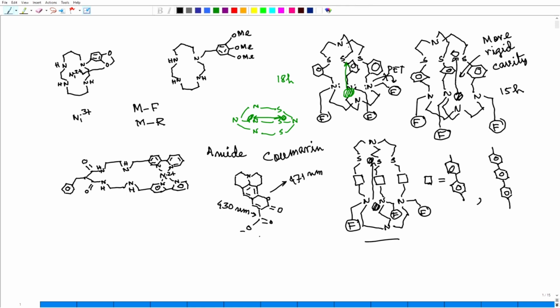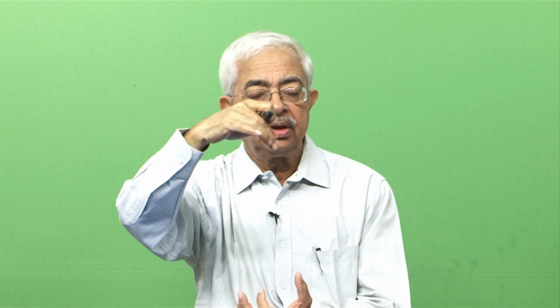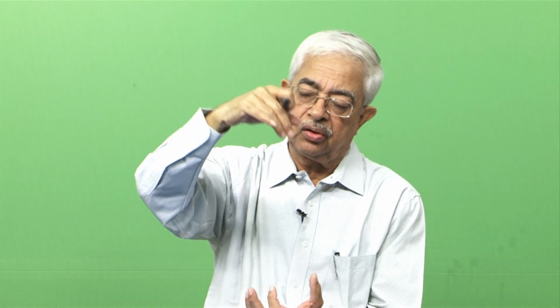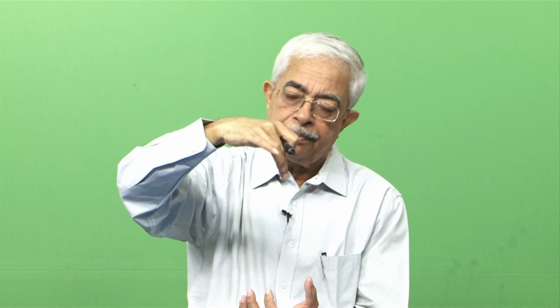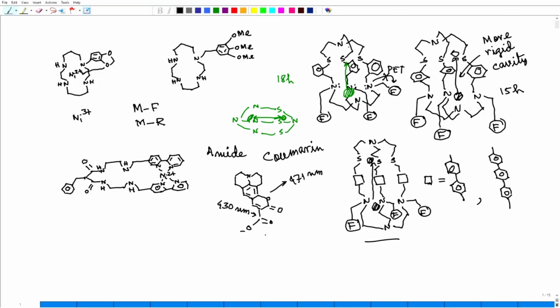It binds through carboxylate. Because it is a square planar, from top or from bottom something can bind. Let us consider only from top. So, from top this carboxylate will bind to nickel.